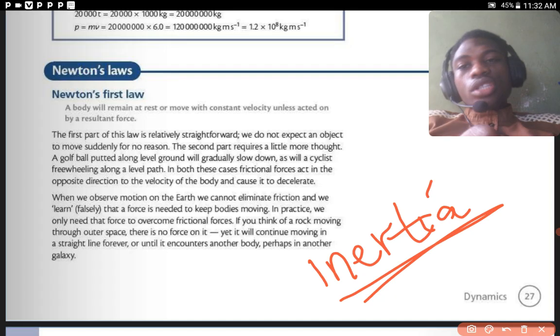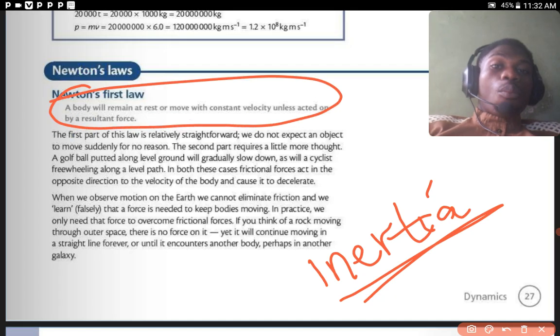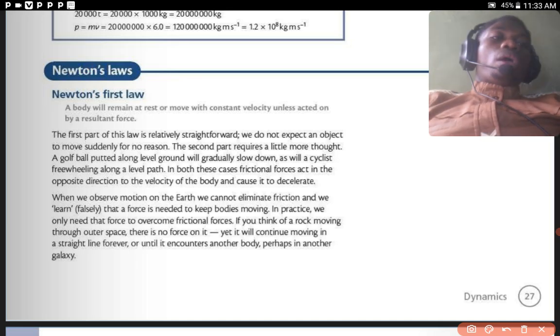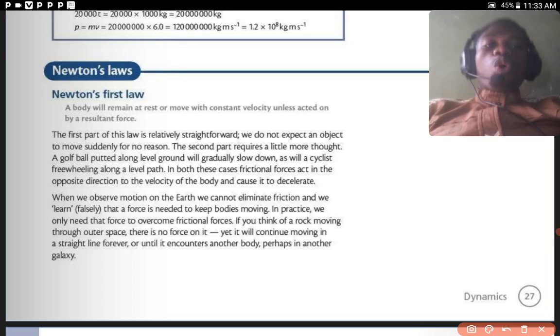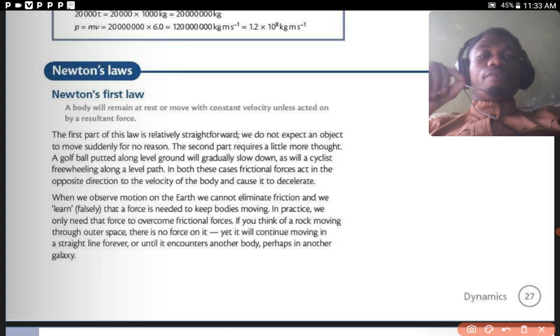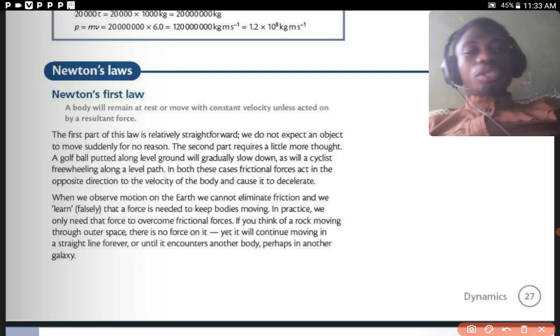So Newton's first law states this: a body will remain at rest or move with constant velocity unless acted upon by an external resultant force. It means a body at rest will continue to be at rest, and a body in motion will continue to move with uniform velocity until an external resultant force acts on that body.